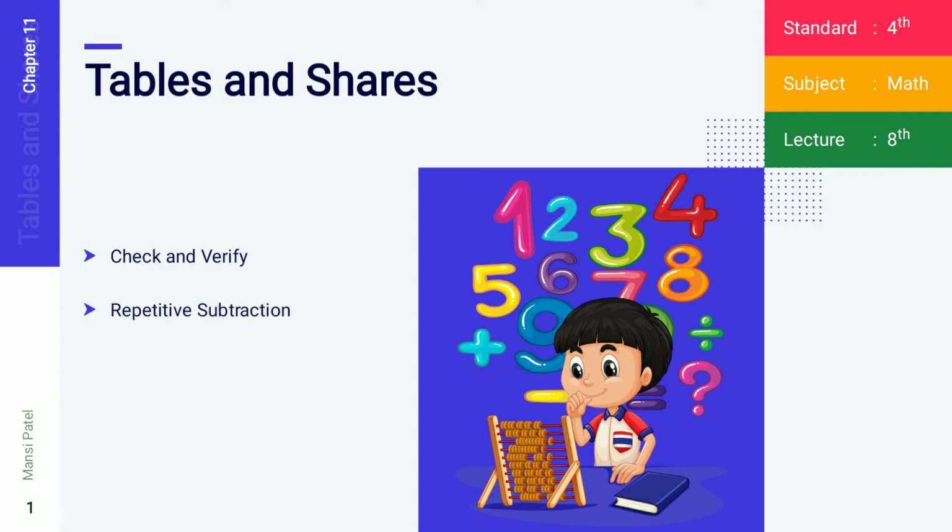And in the last, this topic of repetitive subtraction, which you already studied in your third standard, but we are just revising. So let us begin this session with the topic check and verify.